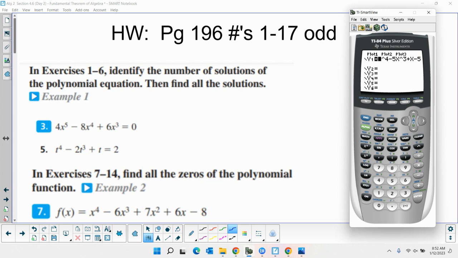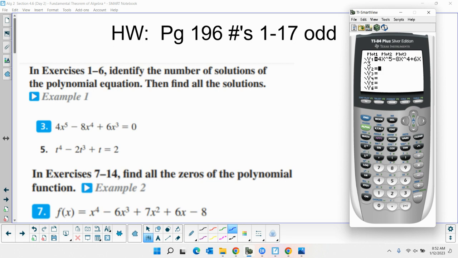And we need 4x to the 5th minus 8x to the 4th plus 6x to the 3rd. If I pulled a 2x cubed out of there, I might be able to factor it.